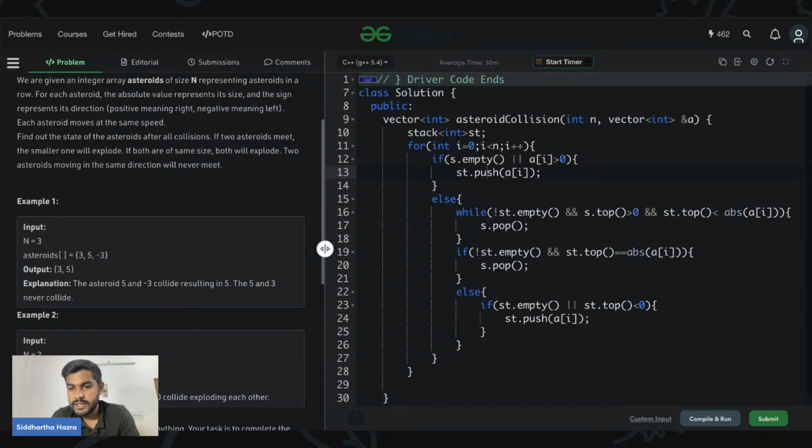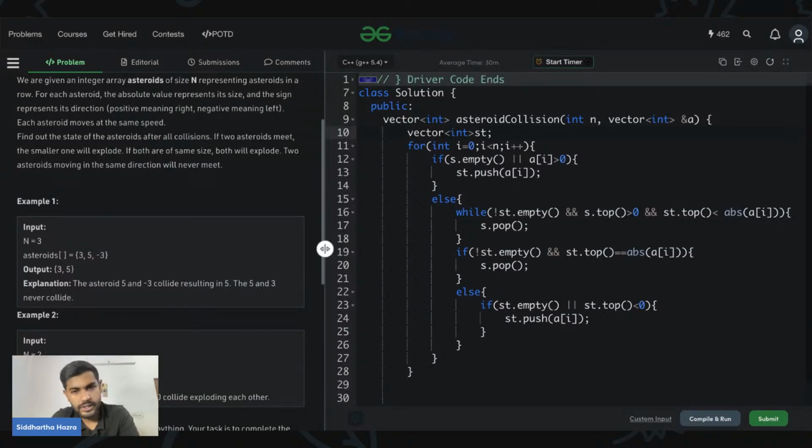Sir, this is a stack use case. We would talk about this. Now we would just take out all the elements, store them in a vector, and then return it. But instead of that, we can directly use a vector.